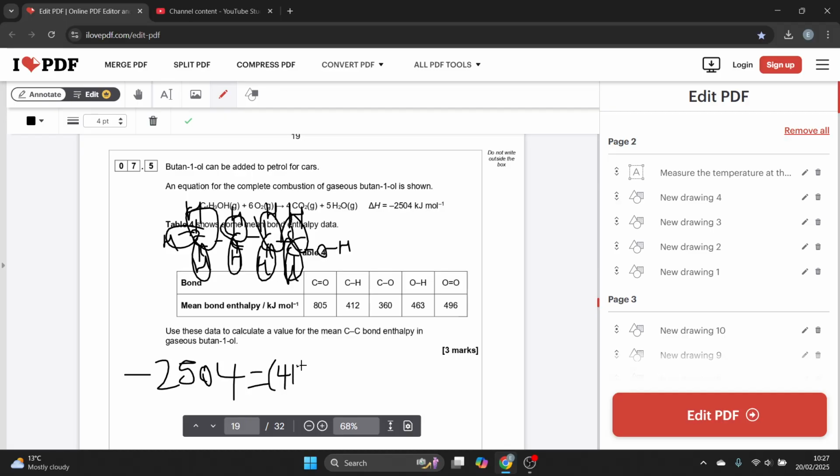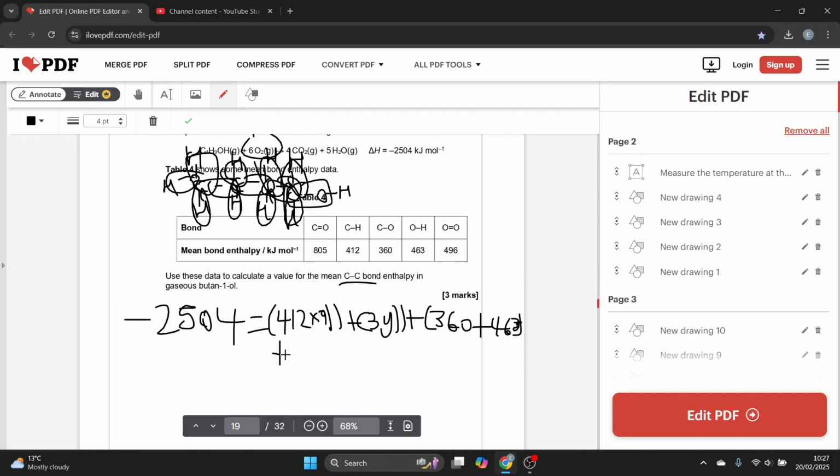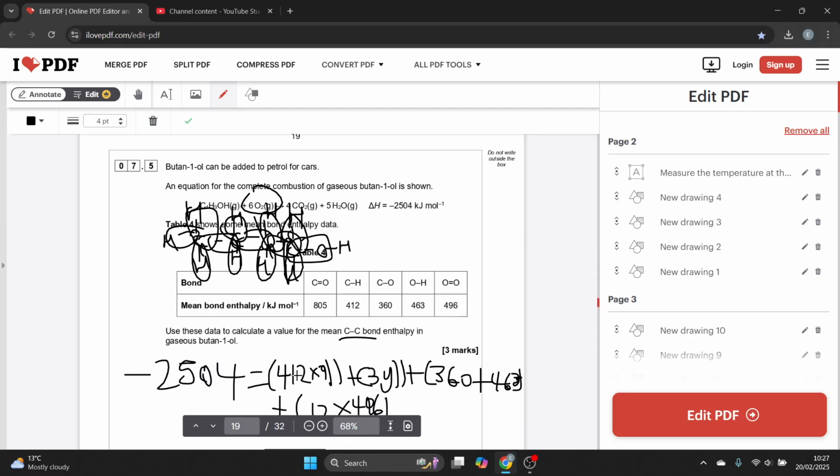So 412 times 9, plus 1, 2, 3 carbon bonds, which I'm trying to find, so 3y, plus C=O 360 plus O-H 463, and then I can't forget about the 602 plus, well, it's going to be O=O, 10 plus 12 times 496, minus energy released when new bonds are formed.